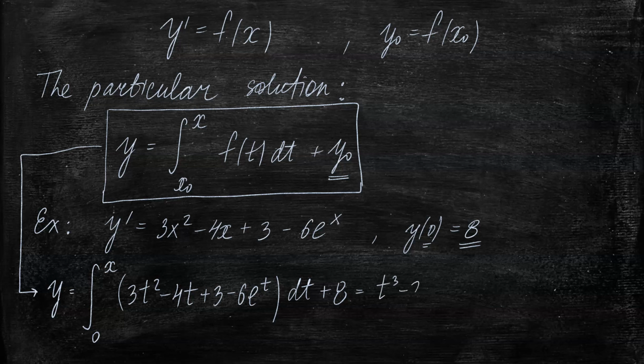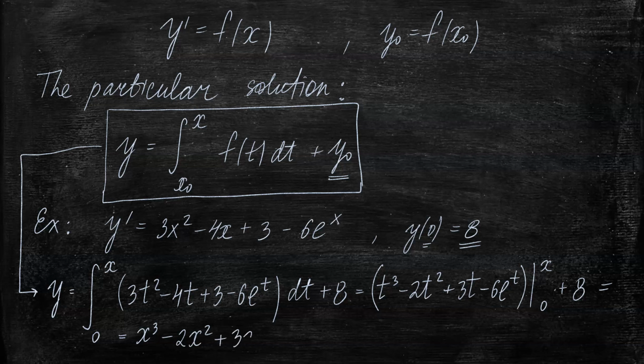t cubed minus 2t squared plus 3t minus 6e to the t. Here we evaluated between 0 and x and add 8. And finally, what we get, plugging in x for t, we have x cubed minus 2x squared plus 3x minus 6e to the x minus, and then we evaluate it all at 0.